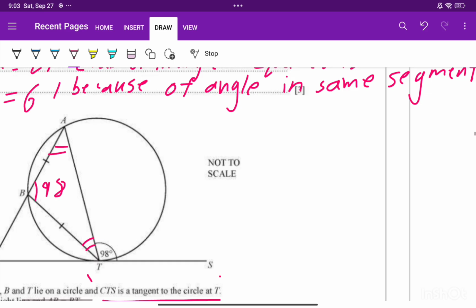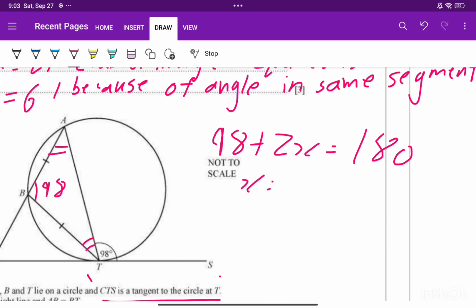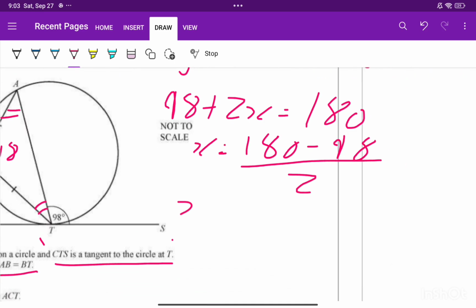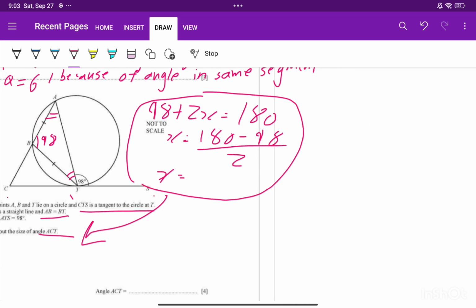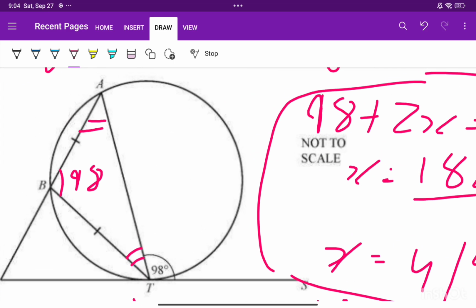And as we know, the sum of angles in a triangle is 180. So for example, BAT is x. So 2x plus 98 is equal to 180. So x will be 180 minus 98 divided by 2. So x will be equal to 41 degrees, so we can write 41, 41.